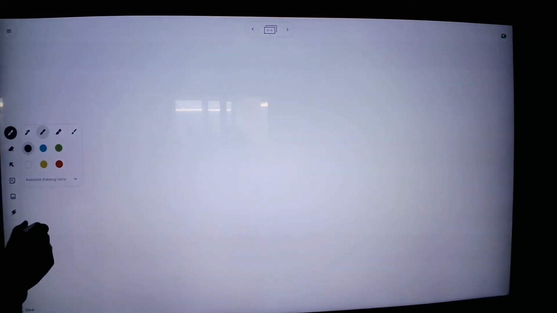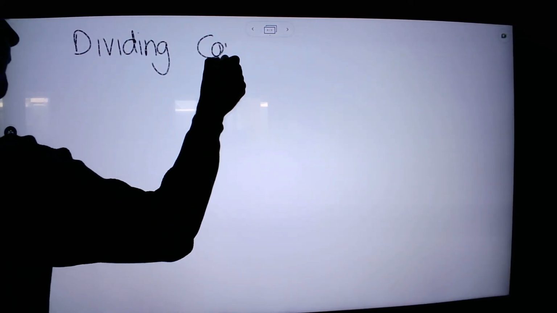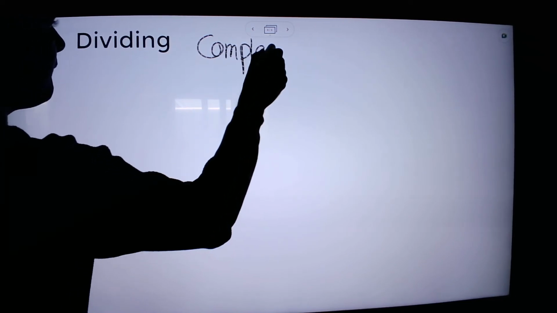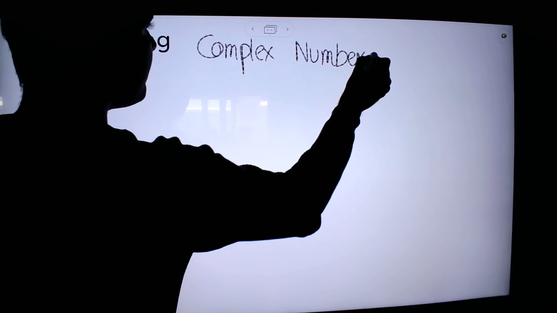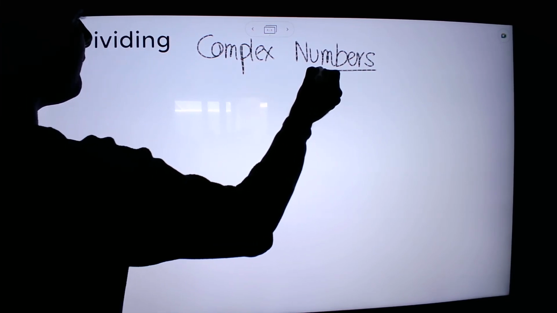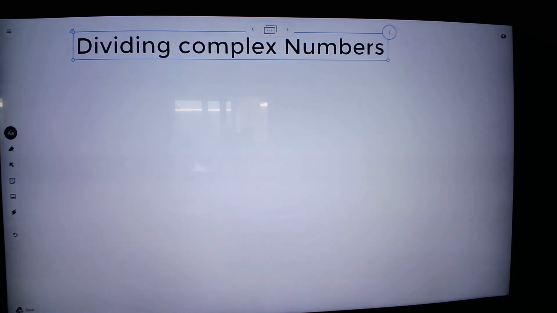The next thing is, how do we divide complex numbers?